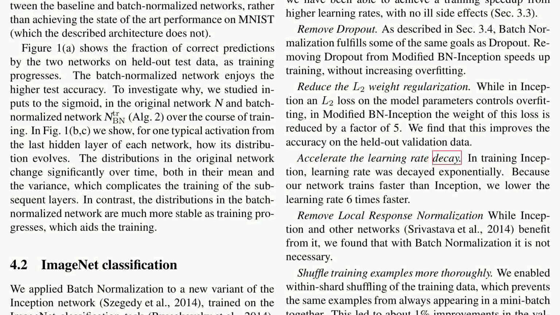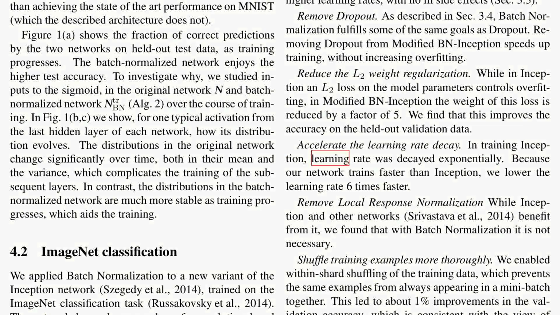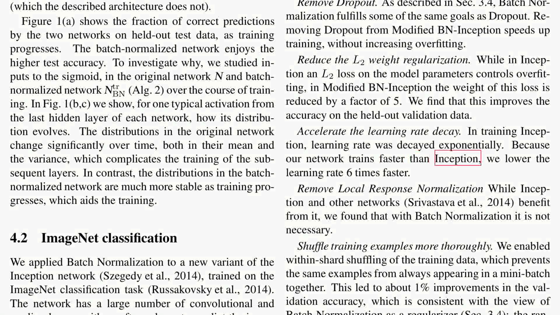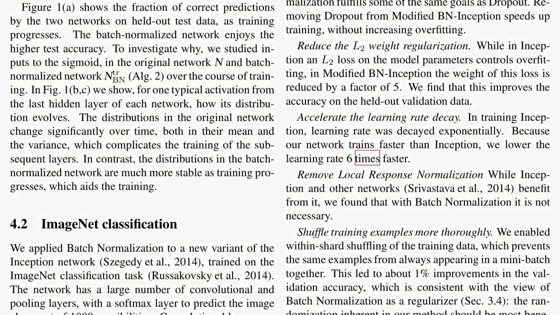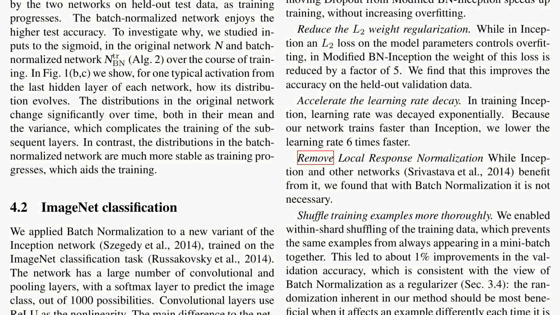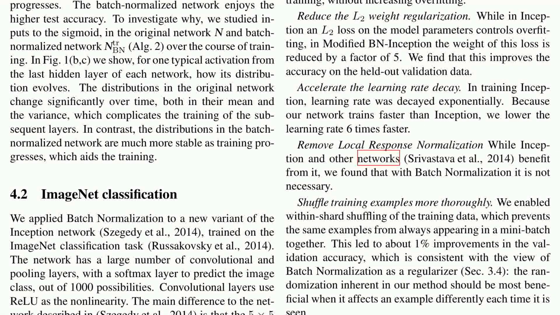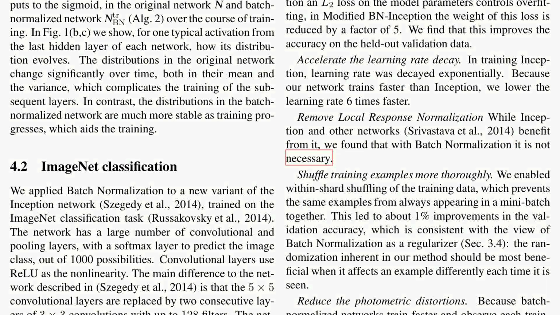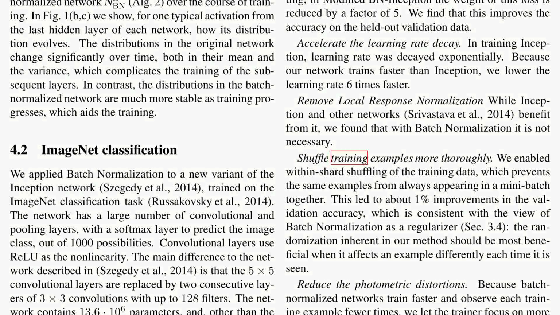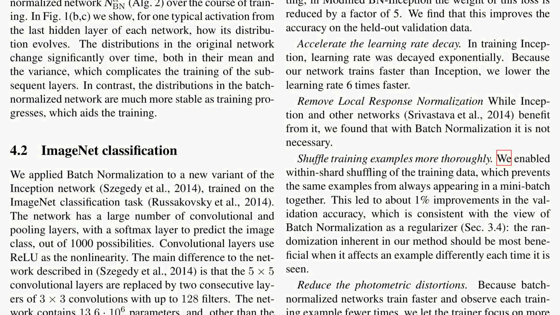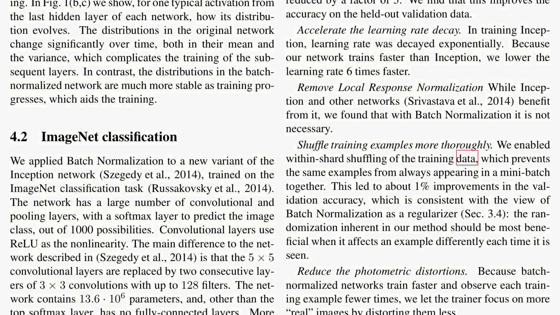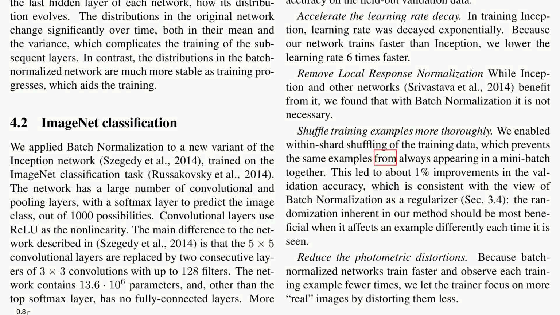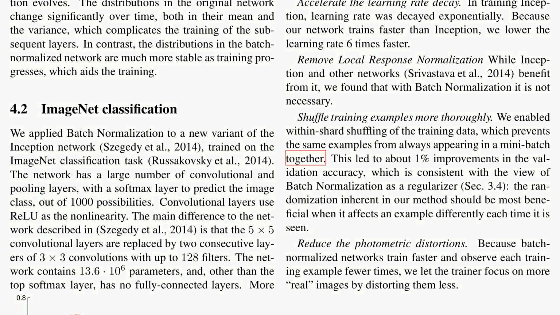Accelerate the learning rate decay. In training Inception, learning rate was decayed exponentially. Because our network trains faster than Inception, we lower the learning rate 6 times faster. Remove Local Response Normalization. While Inception and other networks benefit from it, we found that with batch normalization, it is not necessary. Shuffle training examples more thoroughly. We enabled within-shard shuffling of the training data, which prevents the same examples from always appearing in a mini-batch together.